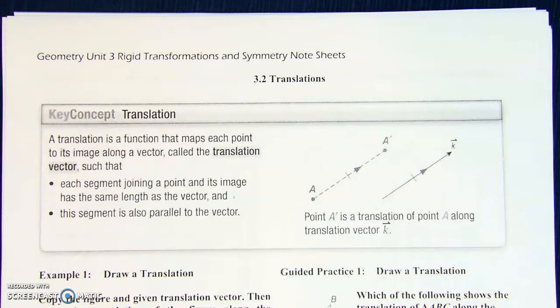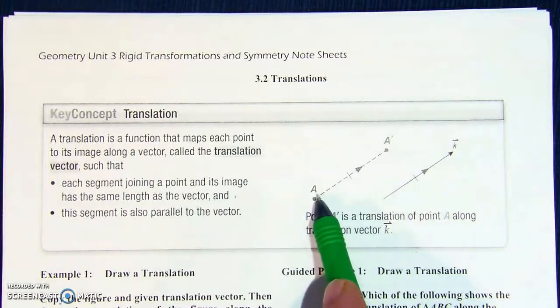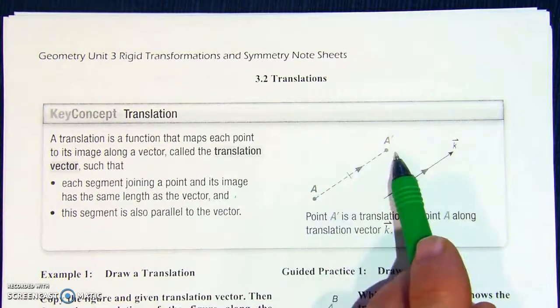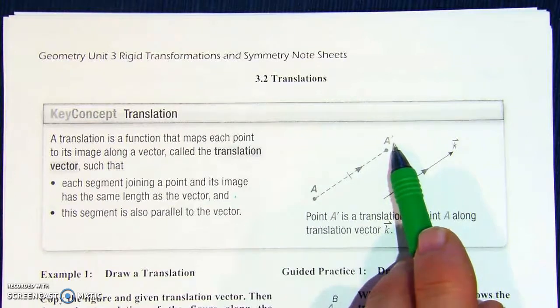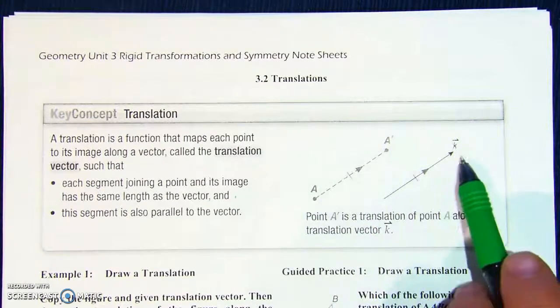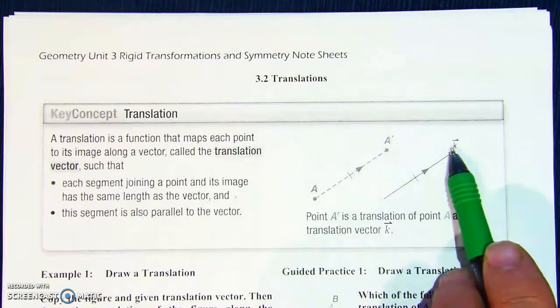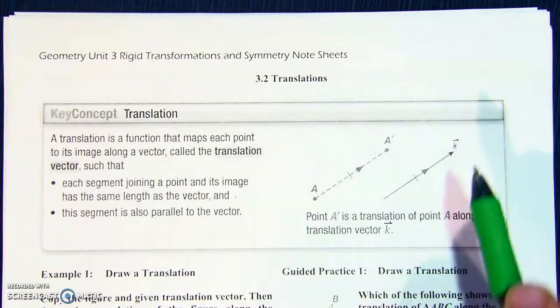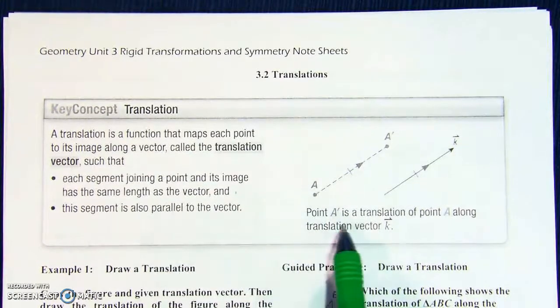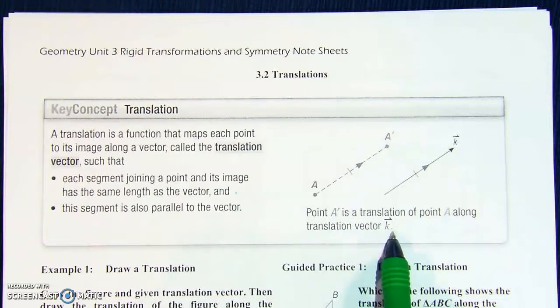Here's our original thing, which is an A, and then we move it to a certain point and it's A prime. This is how a vector looks. When we talk about vector K, it has a little arrow, but only half of an arrow, right above it. So the point is the translation of this along the translation vector of K.